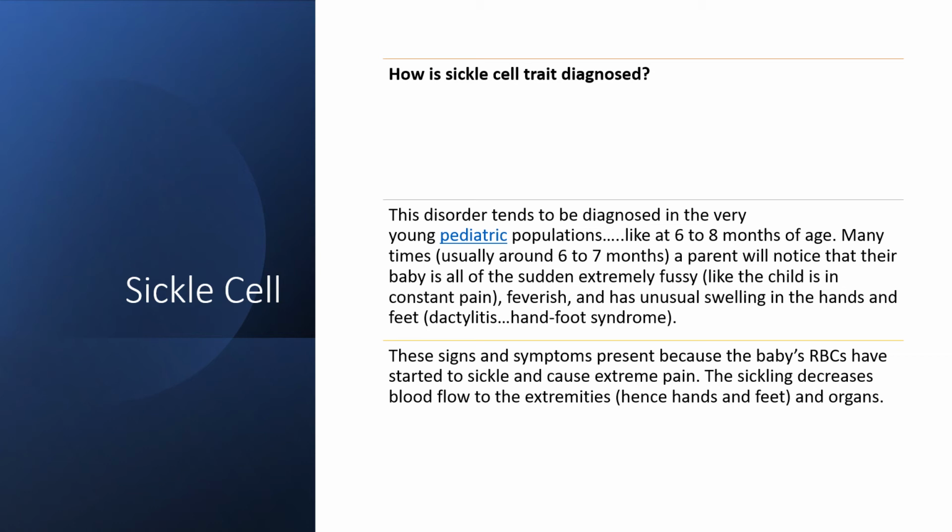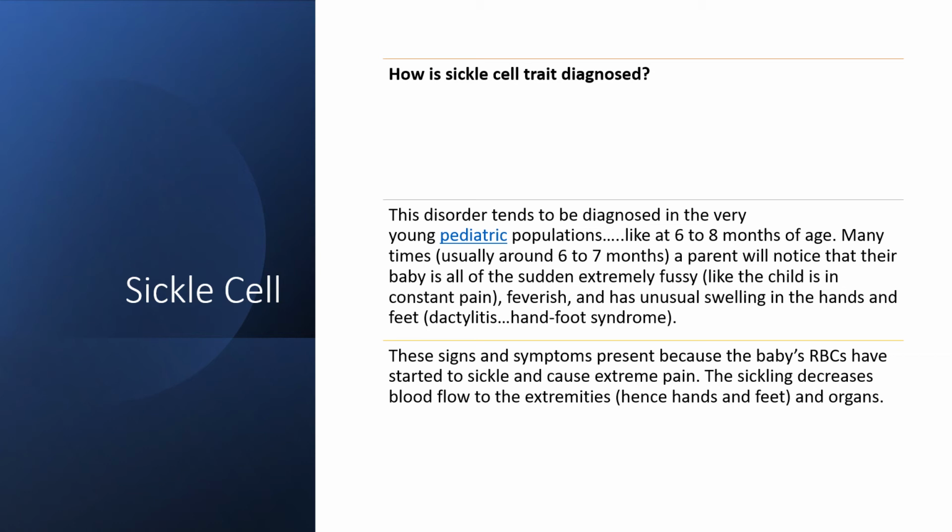Remember, pain was one of the clinical manifestations. They may have fever. Fever can cause the sickle cell crisis, and there is unusual swelling in the hands, okay? Dactylitis. Dactylitis is a hand and foot syndrome where the mom will notice that there's swelling in the hands and feet of this young baby.